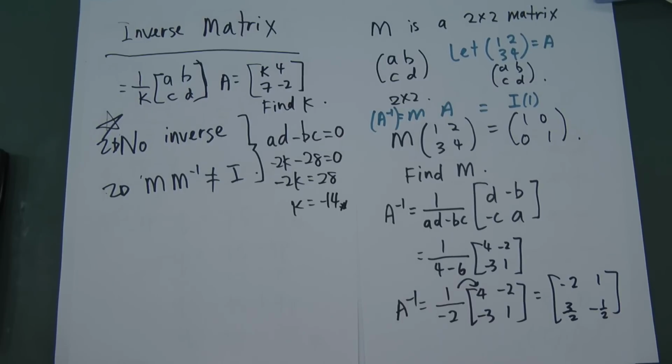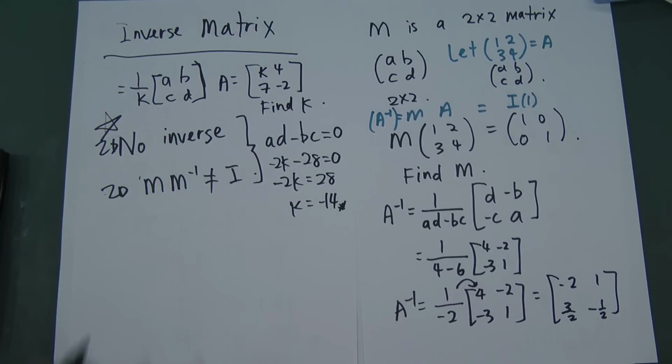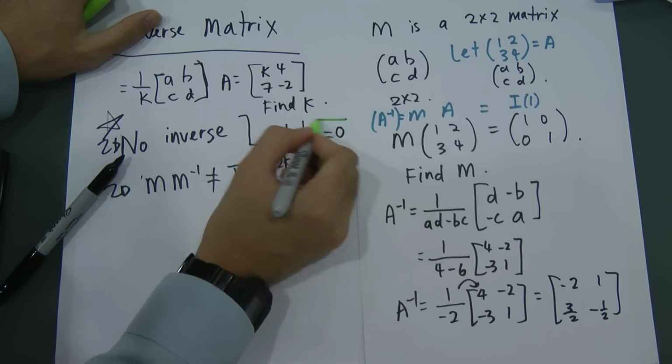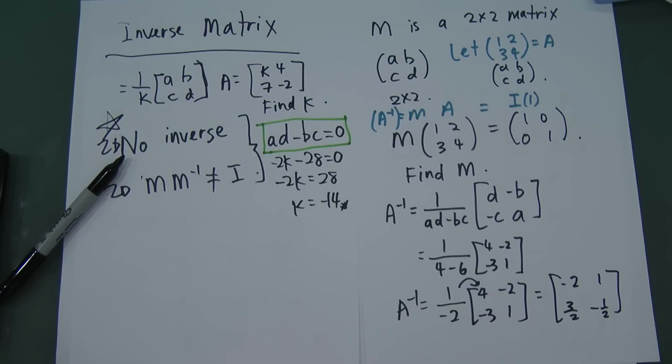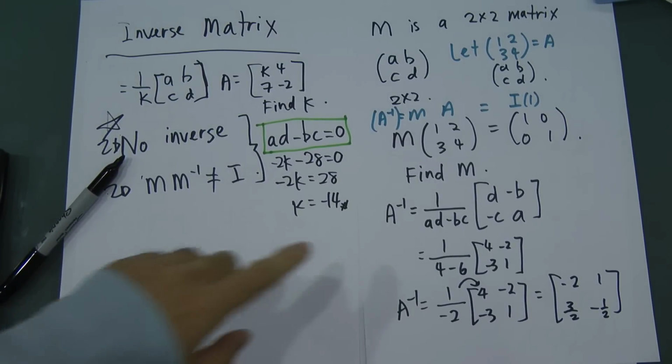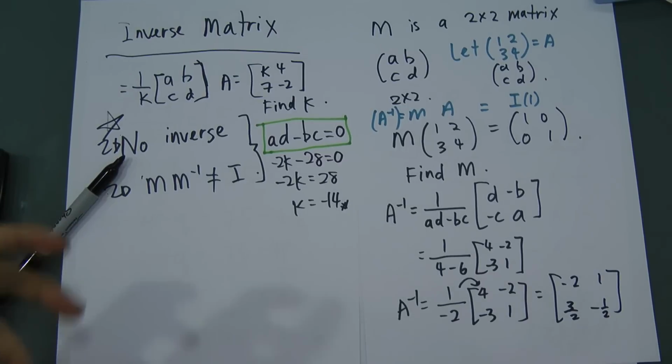So you can straight away find K. When he says no inverse, please remember AD minus BC will equal 0, because if you want to find the inverse, AD minus BC is impossible to become 0. Okay, this is almost all the information I want to bring out.